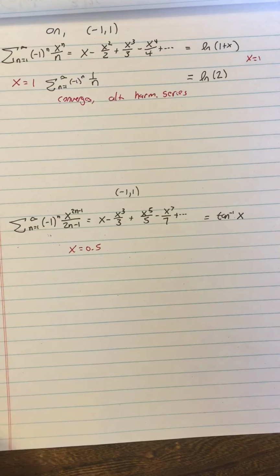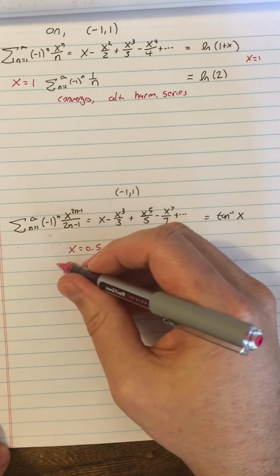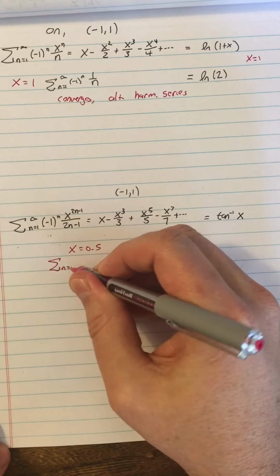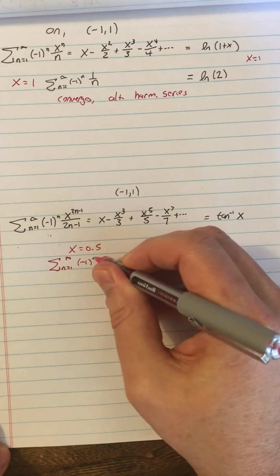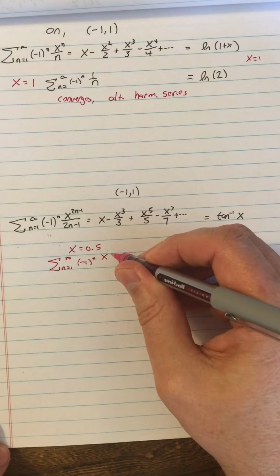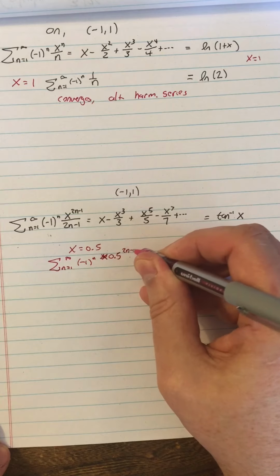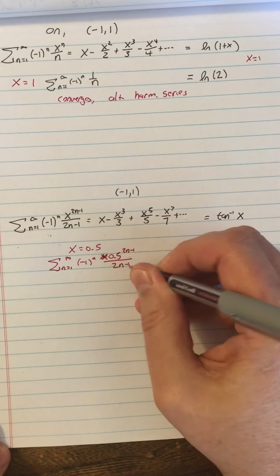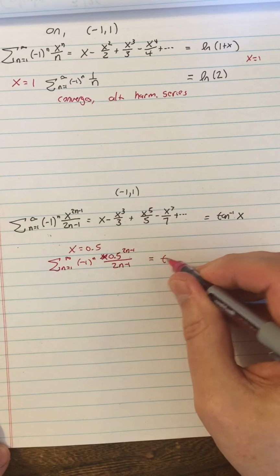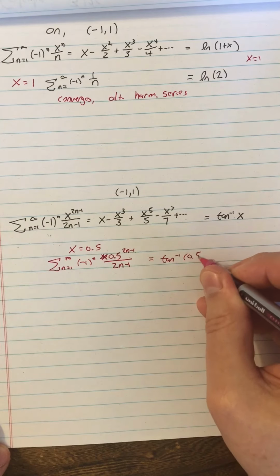Then according to this equation, the sum from n equals 1 to infinity of negative 1 to the n of 0.5 to the 2n minus 1 over 2n minus 1 should be exactly equal to the inverse tangent of 0.5.